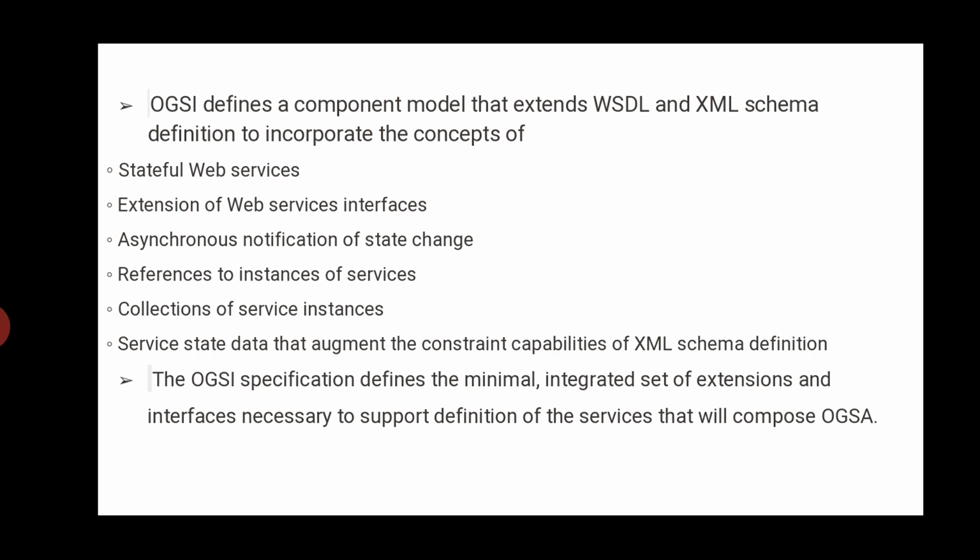Third, the additional interfaces and behaviors associated with grid factories and service groups. That is exactly what the Open Grid Service Infrastructure specifies. The specification defines the minimal and integrated set of extensions and interfaces necessary to support the definition of the services that will compose the Open Grid Service Architecture.